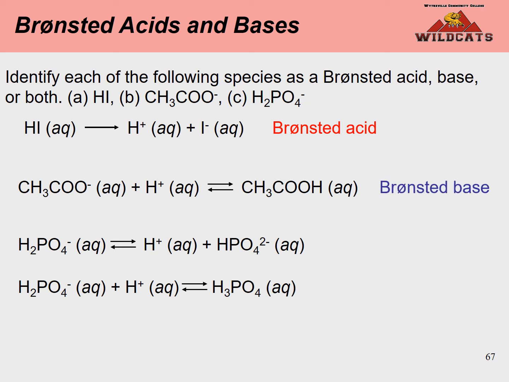It's a Bronsted base because if you'll notice, it's accepting a hydrogen, and that's acetic acid. In our next example, it's giving away a hydrogen, so it's a Bronsted acid. But that exact same ion can actually accept hydrogen, so it can act as both an acid and a base at the same time.